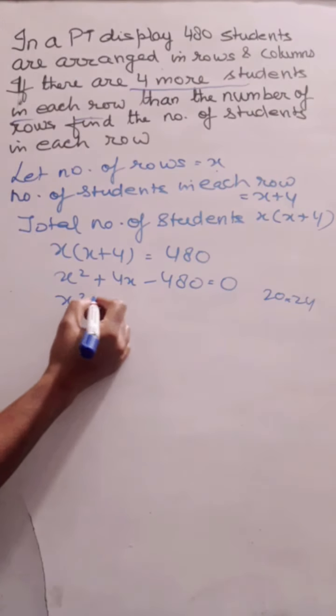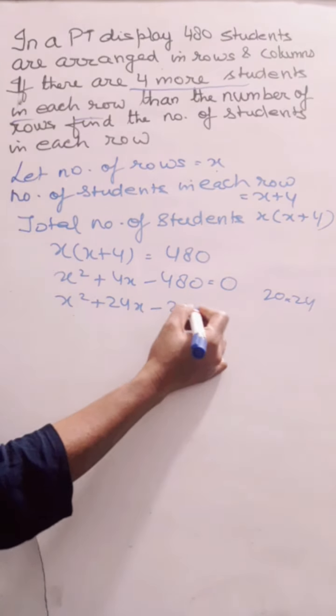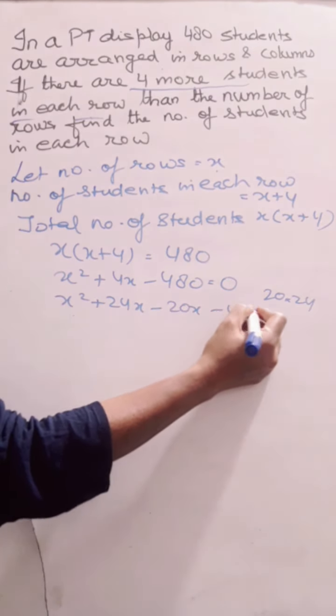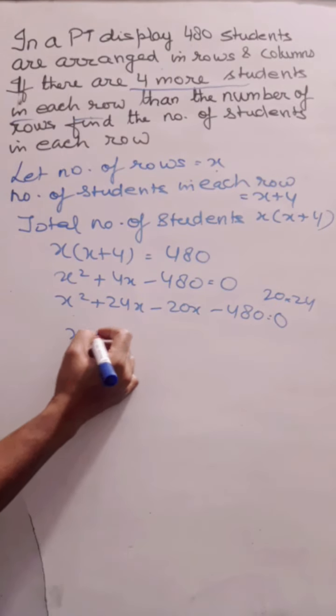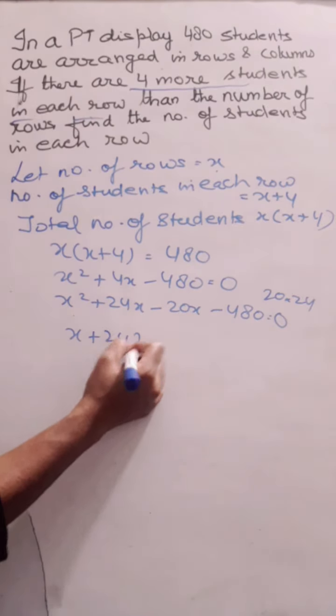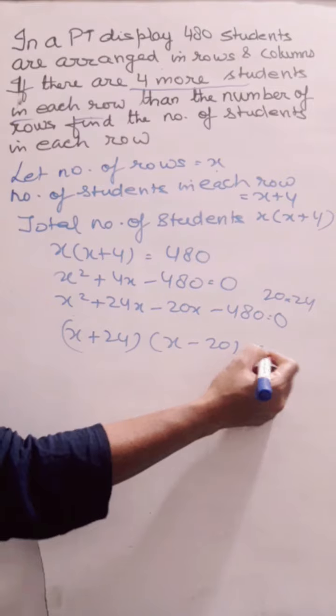So I can write here 24x minus 20x in place of 4x equals to 0. Or here factoring out x, I will have x plus 24 in one bracket and in another bracket I will have x minus 20 equals to 0.